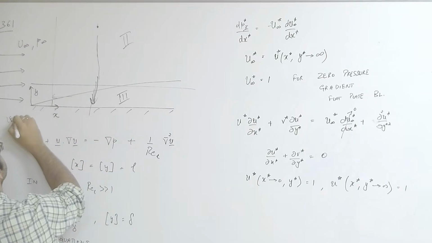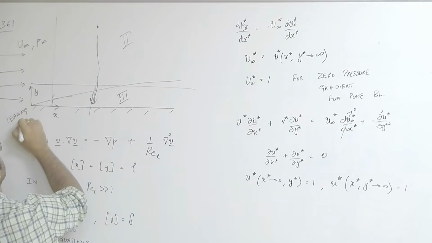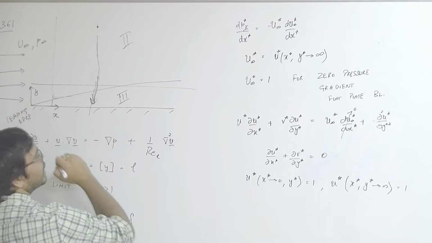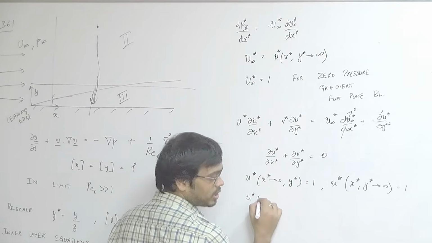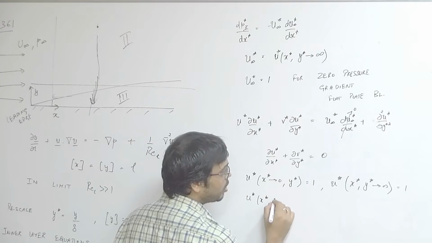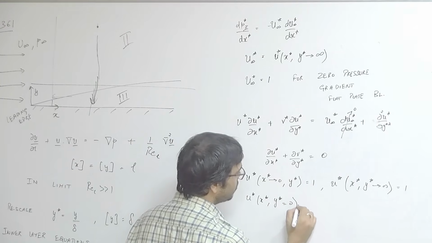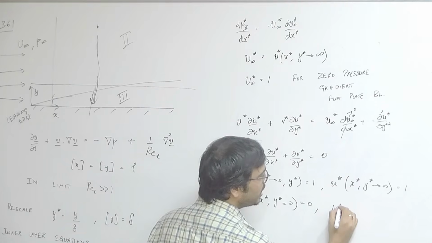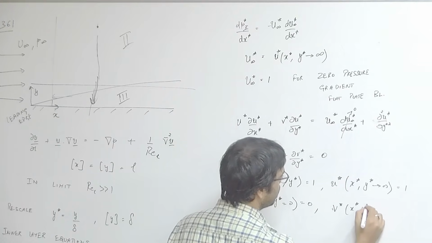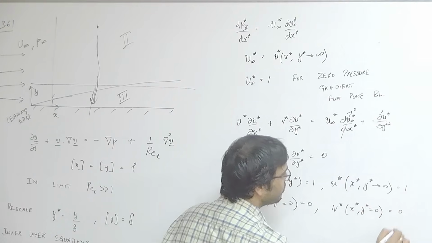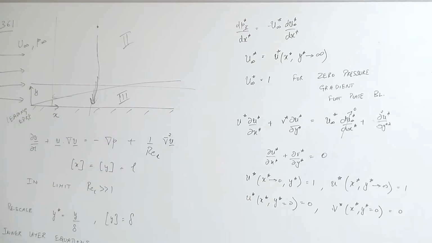So, this was the leading edge, and this is up in the free stream. And then we had u star x star comma y star equals 0 because of no slip, and then v star x star y star equals 0 due to the hard wall. Okay.